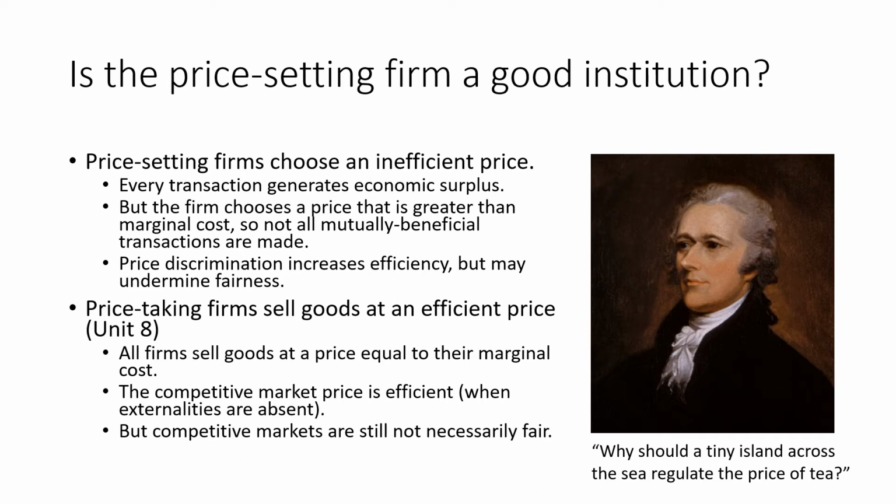If you remember, we talked about how a union protested against the British East India Company over prices, and this quote, "Why should a tiny island across the sea regulate the price of a tea?", comes from the previous lecture.